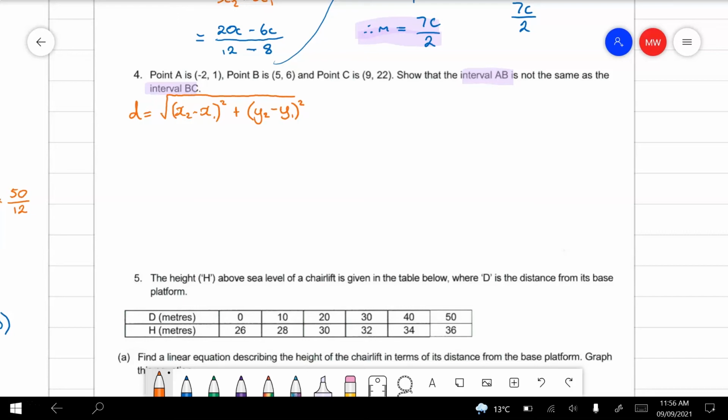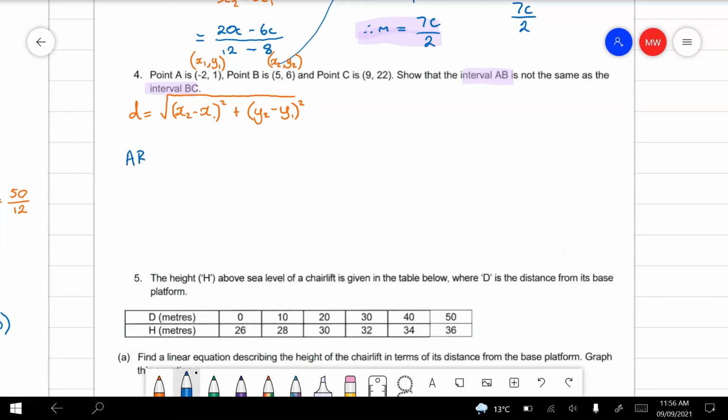In the first instance, we're working out AB, so I'm going to call this one x1, y1, and I'll call this one x2, y2. Same as the midpoint formula. It doesn't really matter which pair you put where, as long as they stay as a pair. And now I'm just going to sub into my formula.